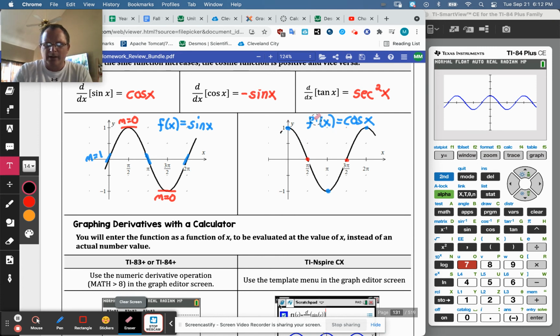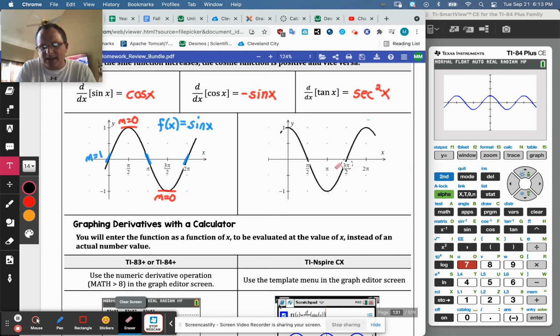It won't be this graph, so we would need another graph. But I want to do it, talking about this the same way I talked about the other one, to kind of prove that the derivative of cosine is negative sine.